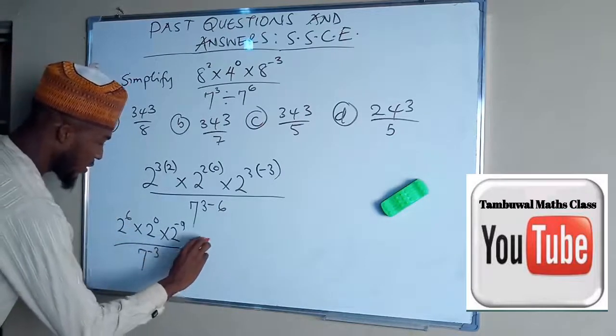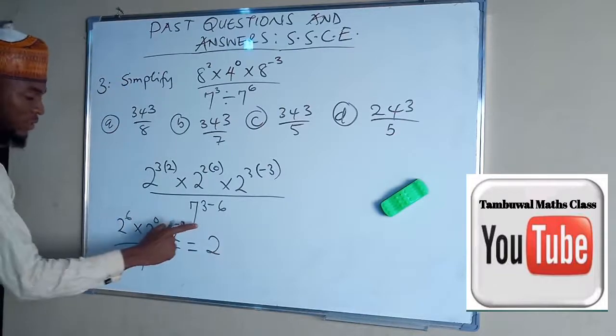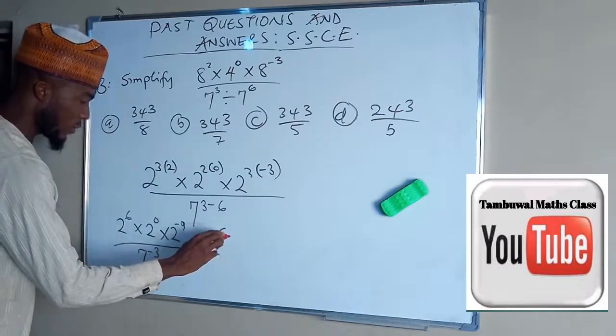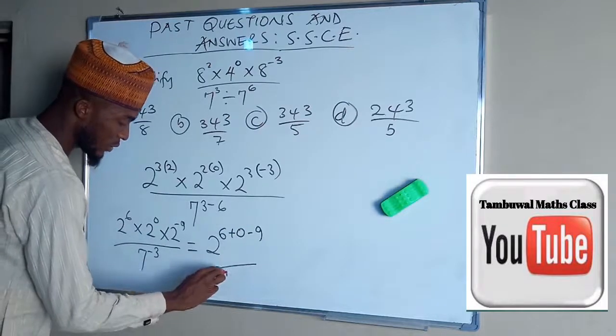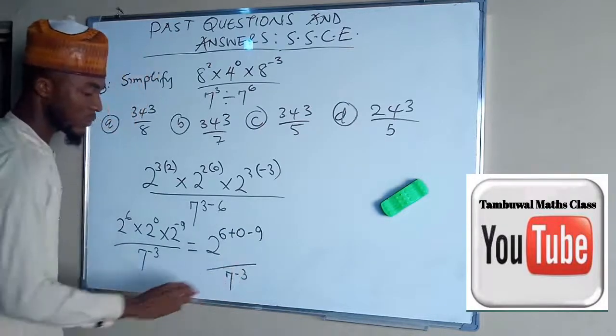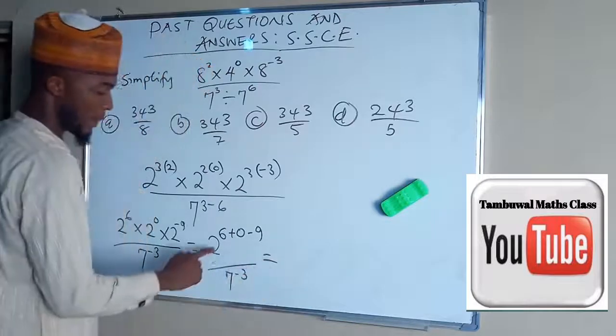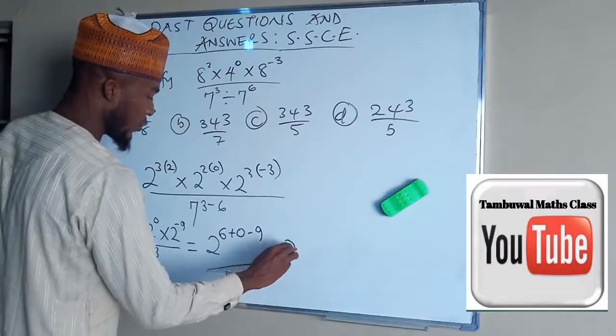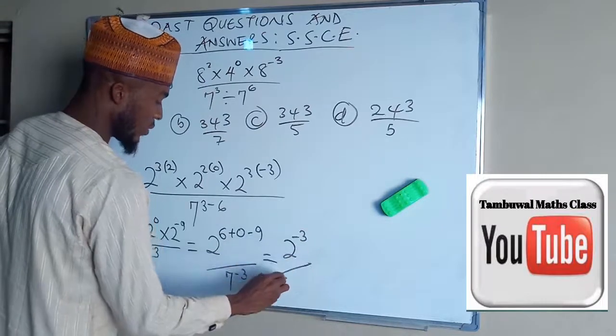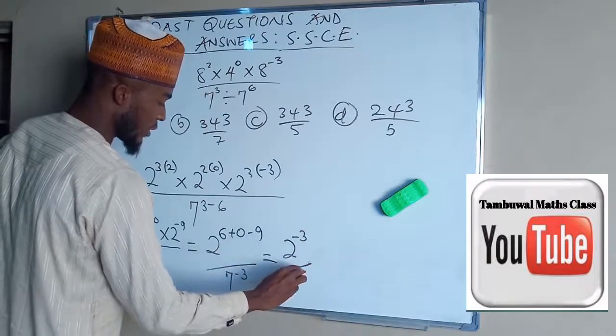And this will be the same thing as 2 power, you add the index together. This is 6 plus 0 minus 9 divided by 7 power negative 3. And this will give us 2 raised to the power of negative 3, 1 over 7 raised to the power of negative 3.